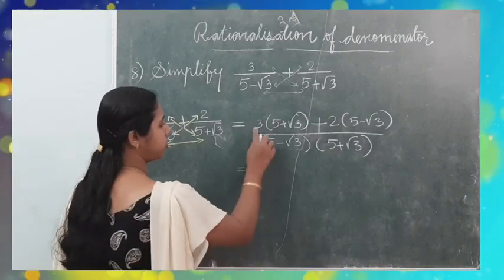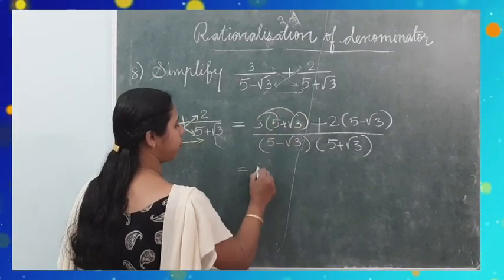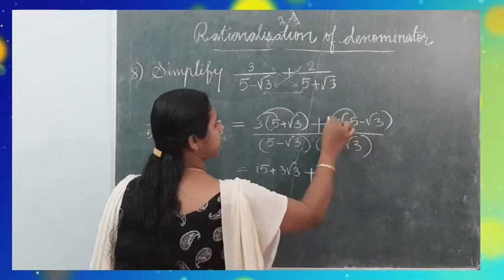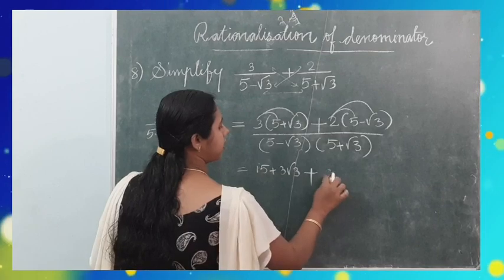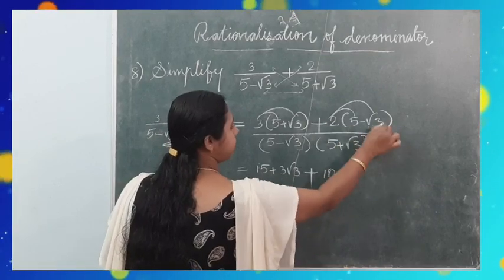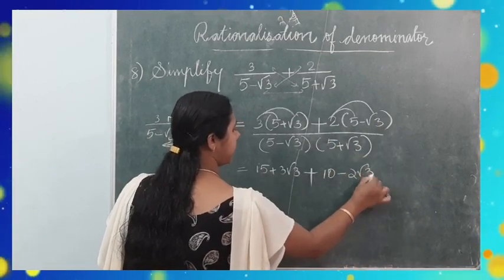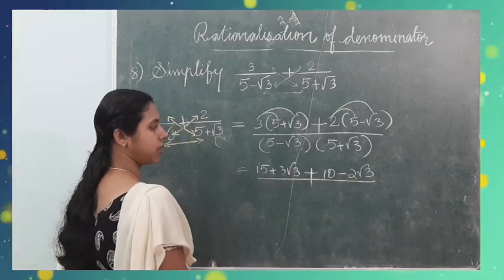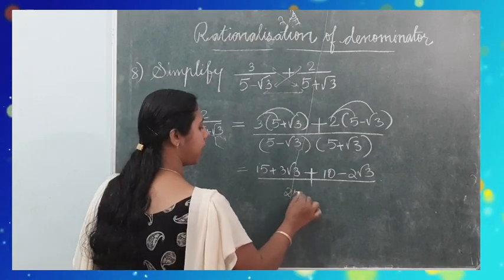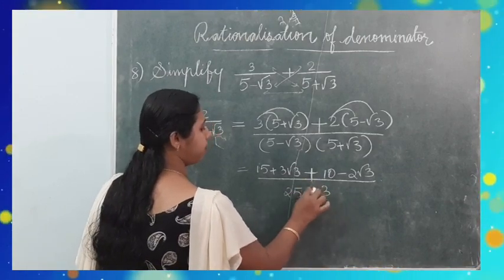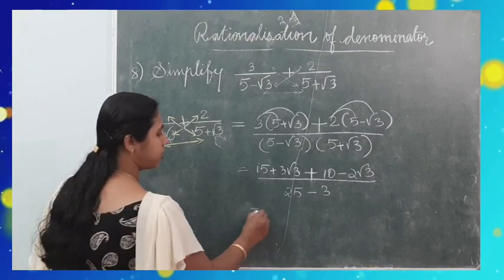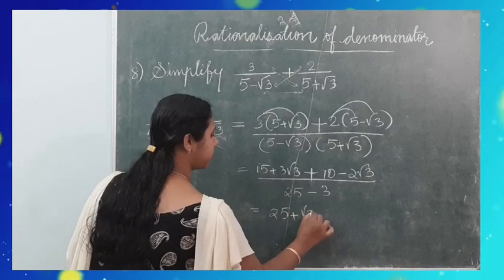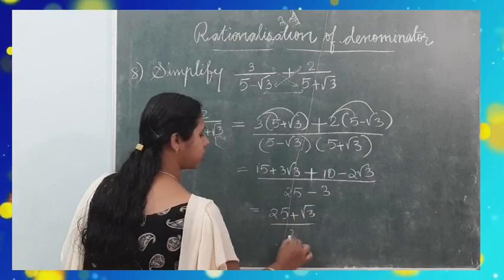So multiply with this 3: 15 plus 3 root 3, plus 2 fives are 10, 2 into minus root 3 is minus 2 root 3, divided by a square minus b, which is equal to 25 plus root 3 divided by 22.